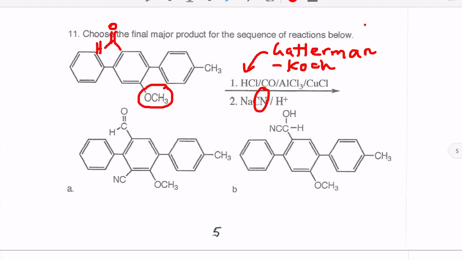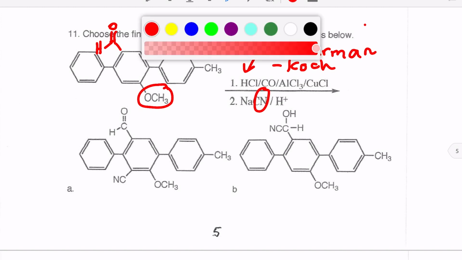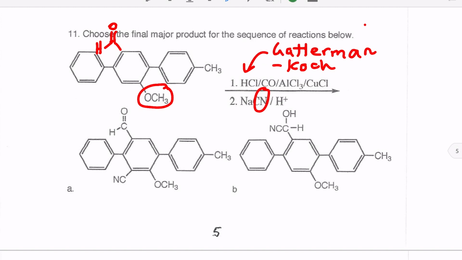So actually, we can look at the aldehyde component here, and if we do that, what we find is that this carbon, the carbon of the carbonyl group right here, is a very electrophilic place for the nucleophile, that is the cyanide ion, to attach.